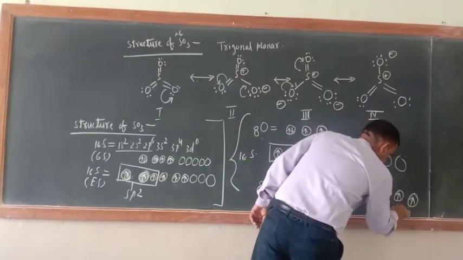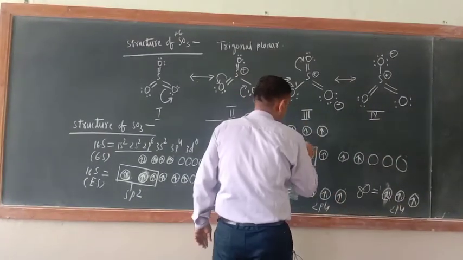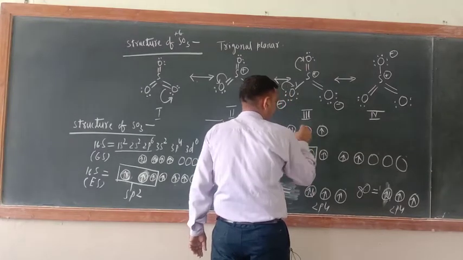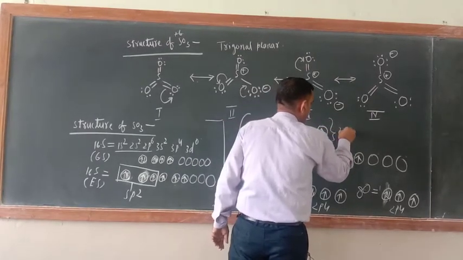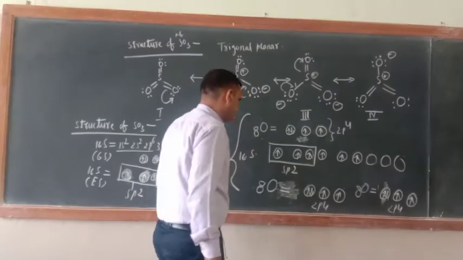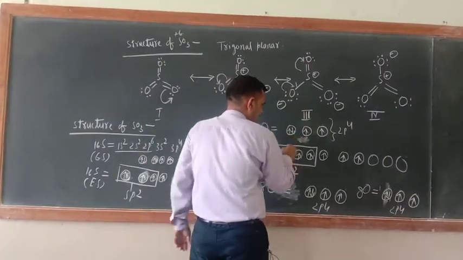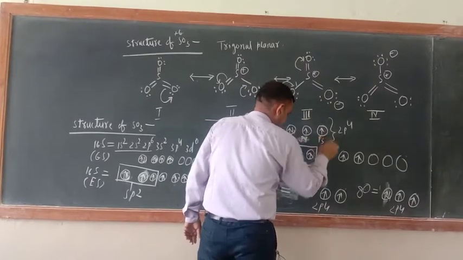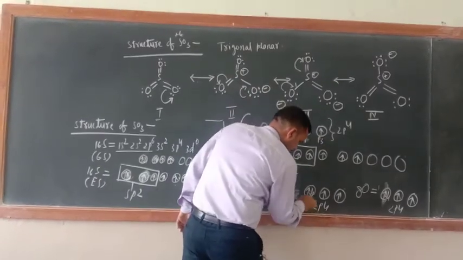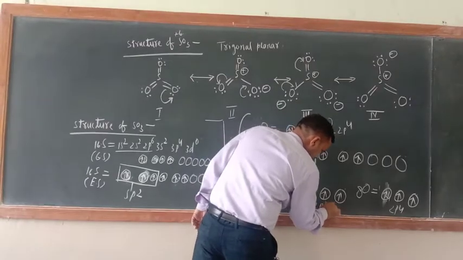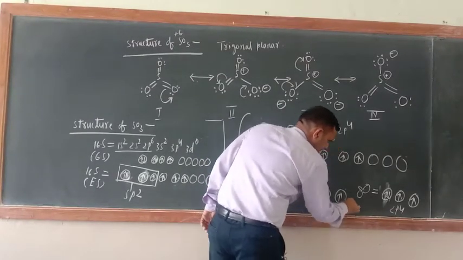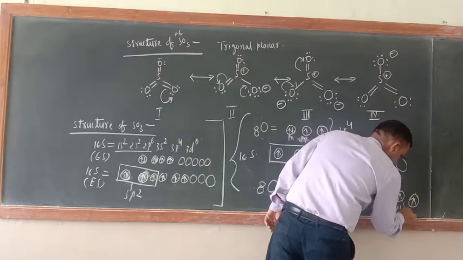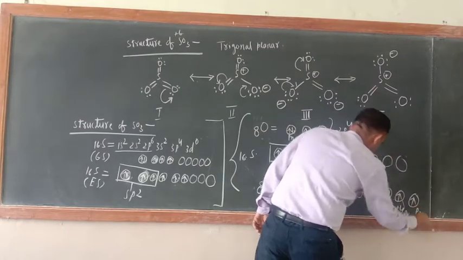Here also write 2p4, here also write 2p4, upper side I am writing 2p4. Now just see, this electron is px, this is py, this is pz. Here also this is px, this is py, this is pz. Here also px, py, pz.